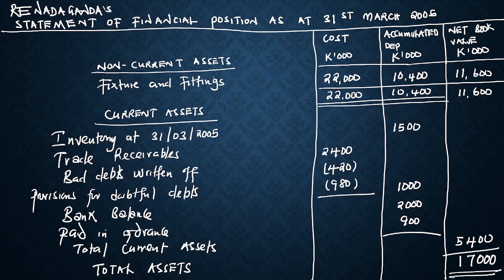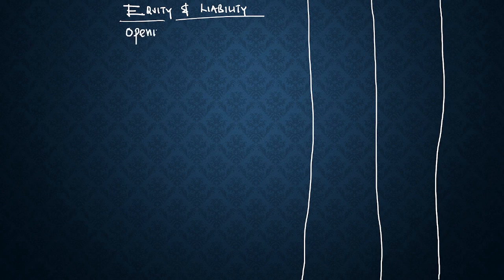So we'll look at the last part now, the equity and liability. It's a continuation. So we start with the opening capital there. How much was the capital?